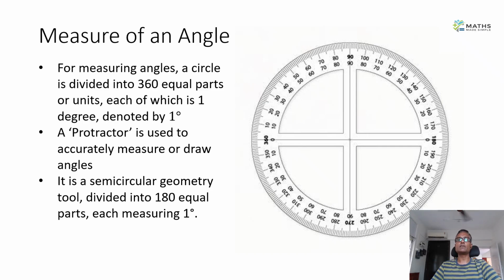A protractor is used to accurately measure or draw angles. A protractor is a semicircular geometric tool which is divided into 180 equal parts, each of which measures 1 degree. In the subsequent slide, we will see how to accurately measure angles using a protractor.